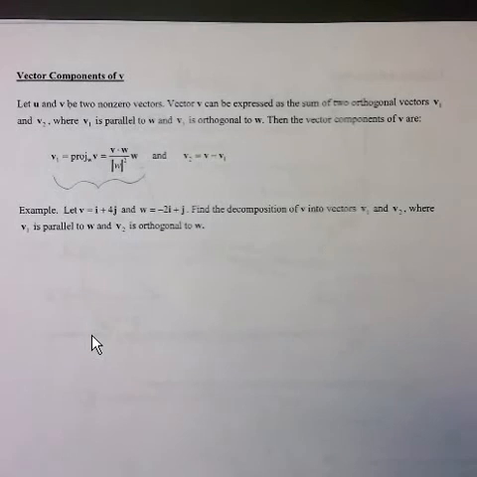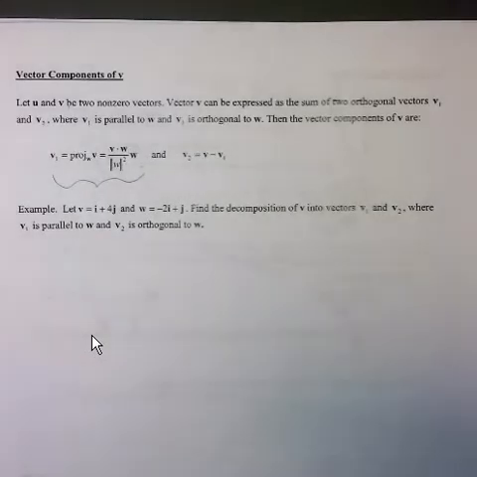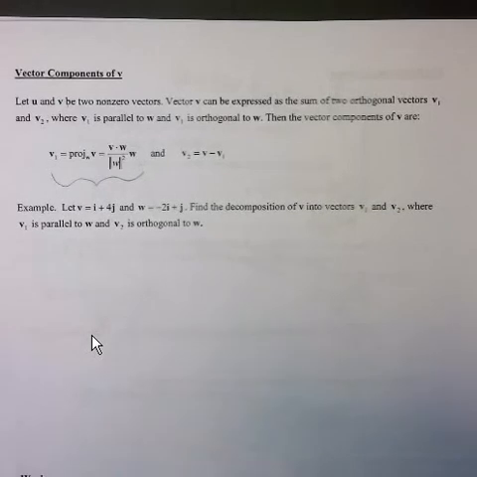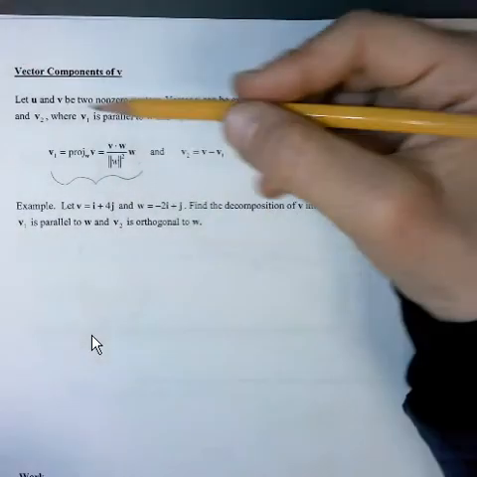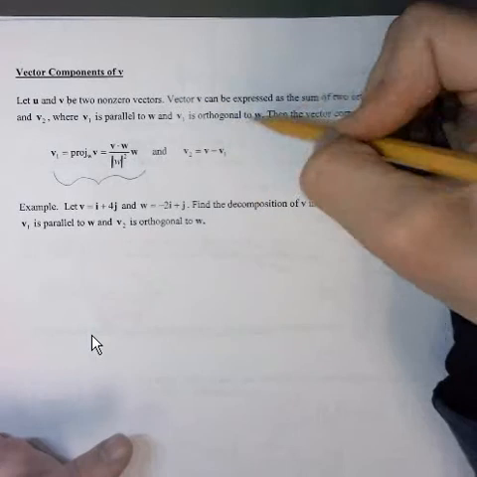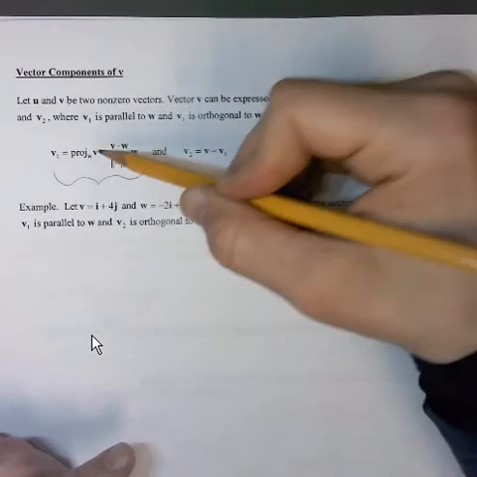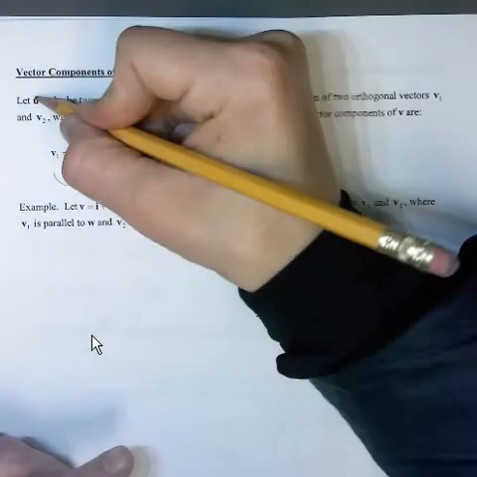Wait a minute, I've got some notation issues here. I've got a typo. Let me think about this for a second. Oh, I know what I did. I wanted to change it in terms of v and w, which I did here, but I forgot to change it up here.